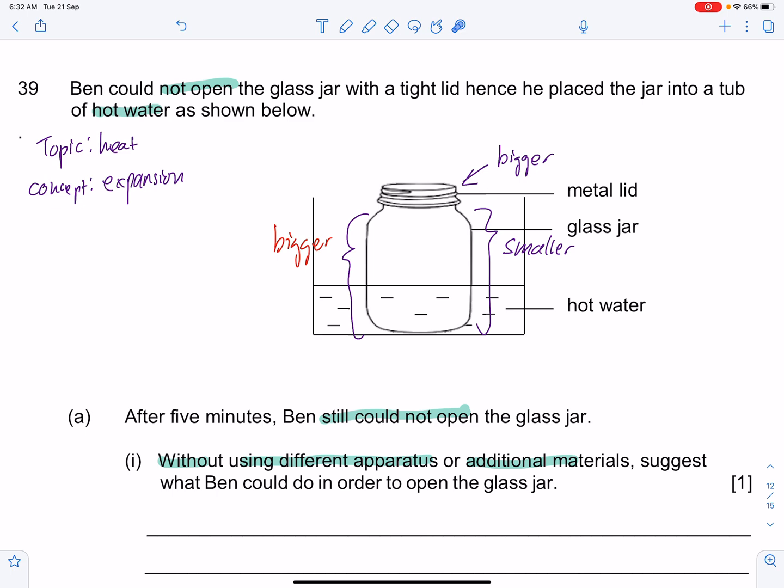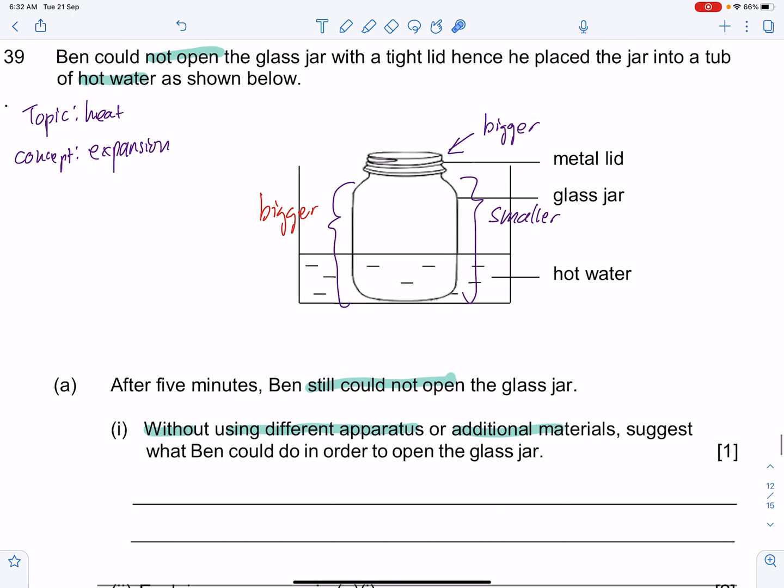You realize that he is making your glass jar bigger, while your metal lid remains the same size. So in this case, he actually makes it tighter.